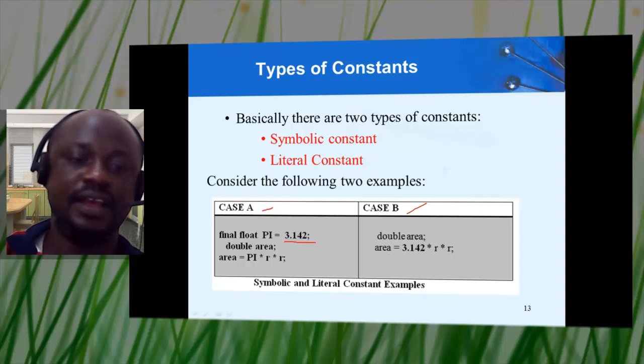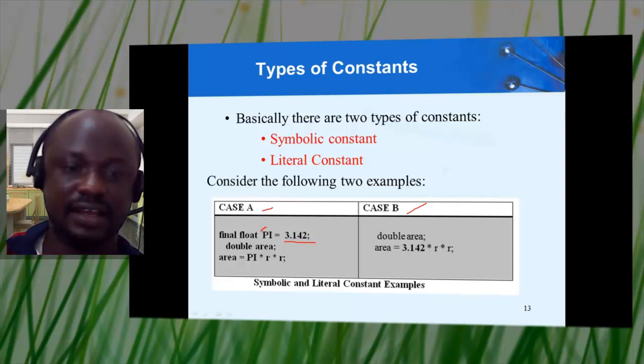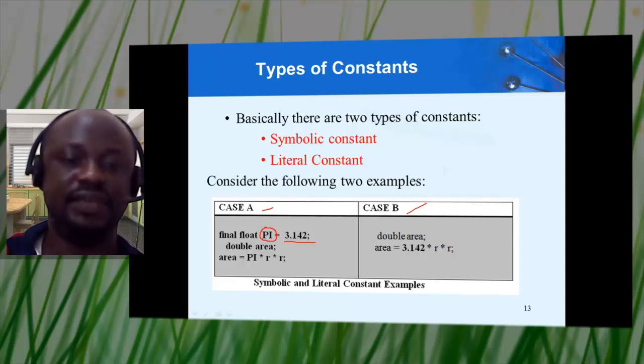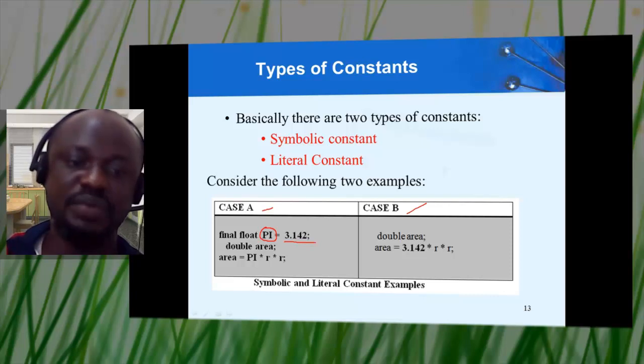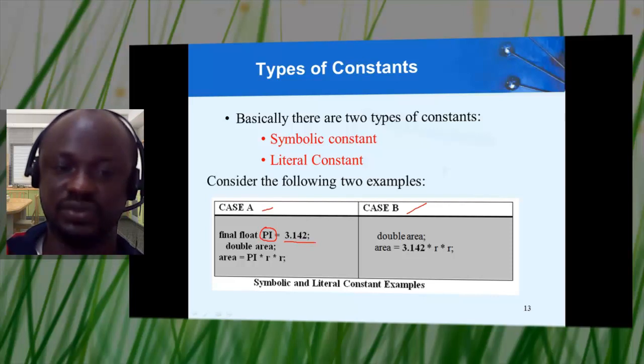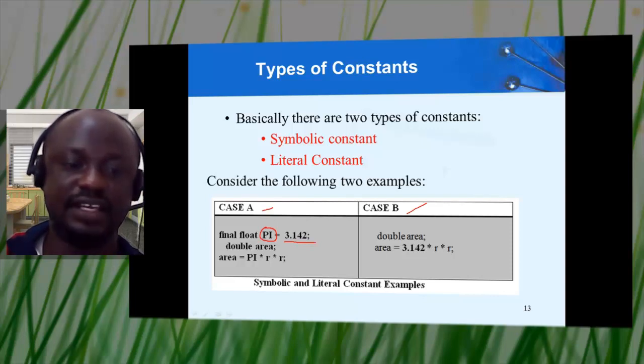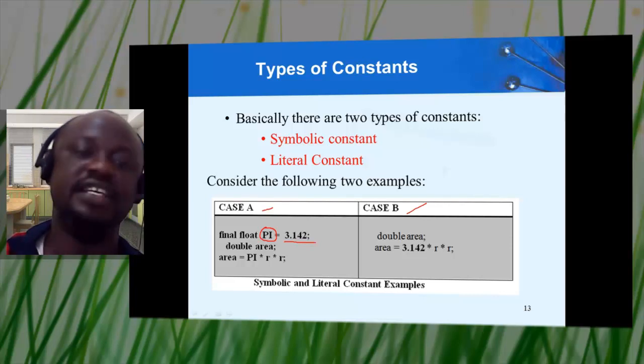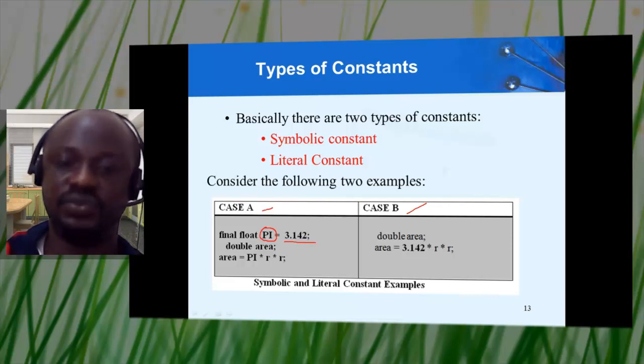So you see, we have declared pi here as a constant, and we have assigned 3.142 to it. So when you go into the memory location pi, it is going to contain 3.142. So in the formula, area is equal to pi r squared. Wherever you see pi, it will assume the value 3.142.